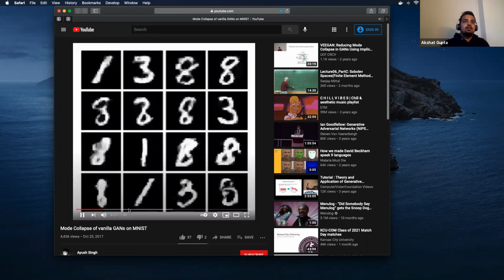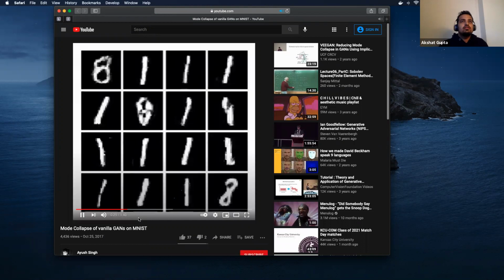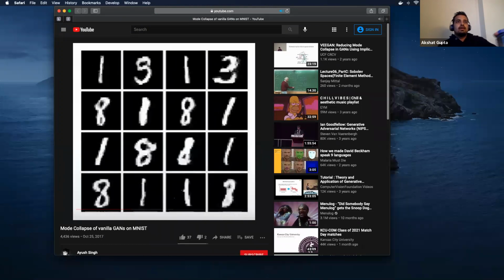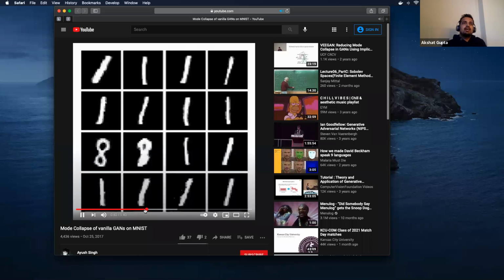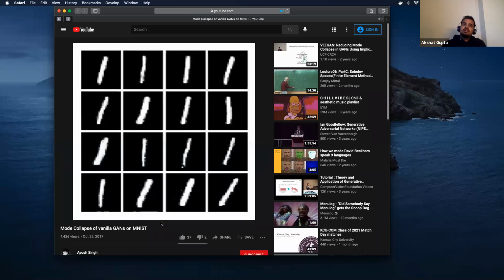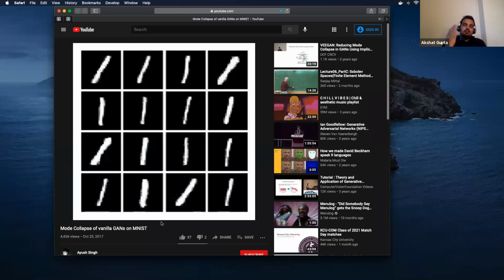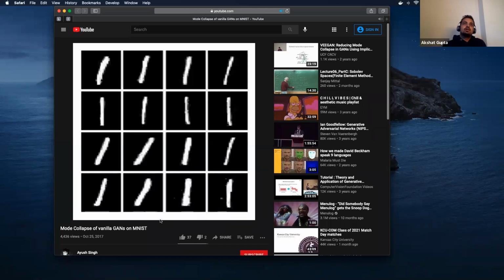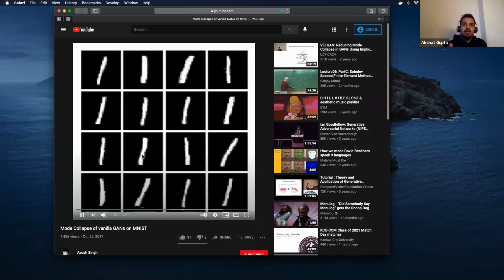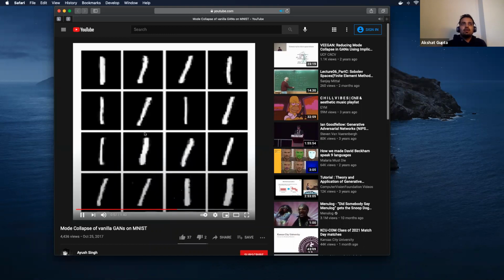At some point, it's not generating all digits, but focusing on 8s and 1s, and then it slowly starts to generate all 1s. If we send this output to the discriminator, it has no reason to classify any of them as fake. All of them are classified as real because they look like 1s.